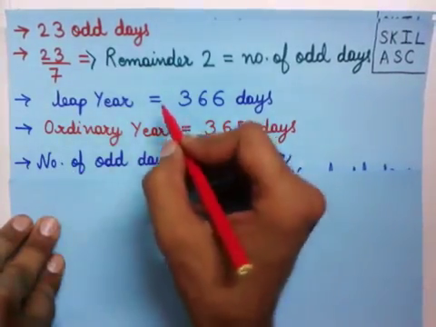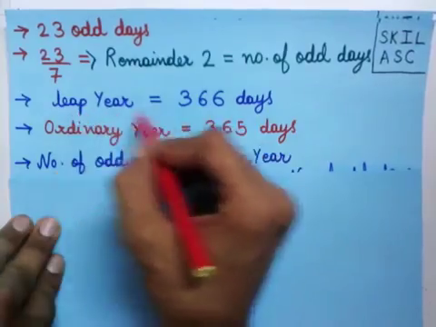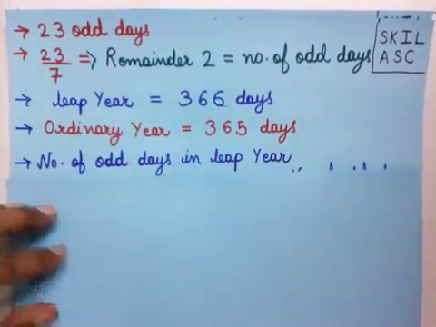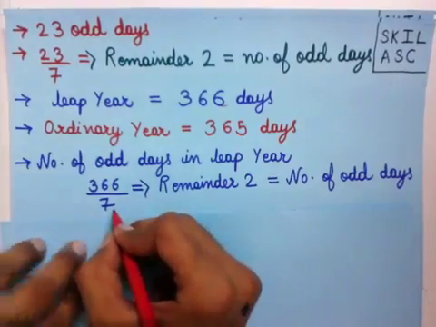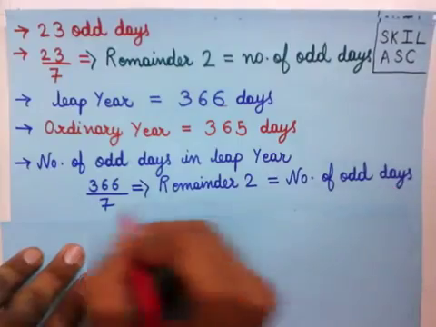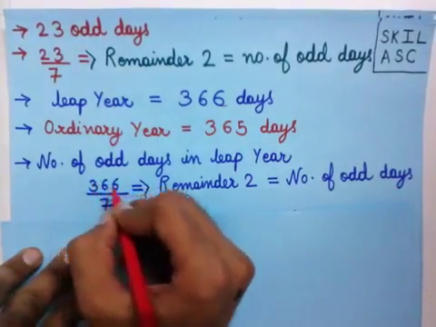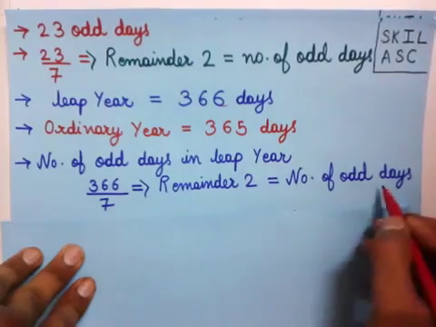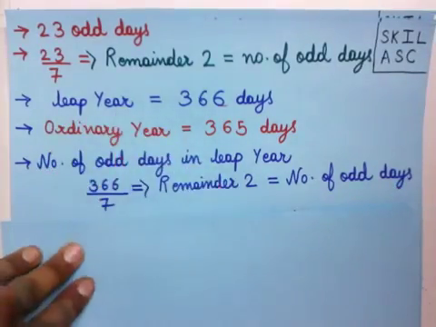We know that the number of days in a leap year is 366. So we divide 366 by 7 and the remainder will be the number of odd days. The remainder is 2. So 2 is the number of odd days in a leap year.